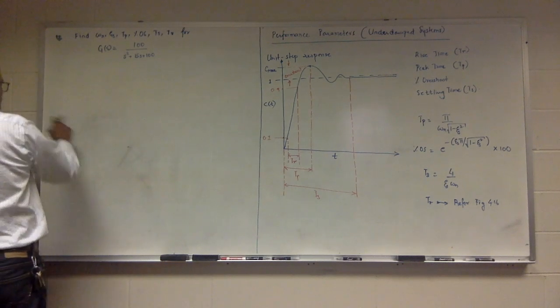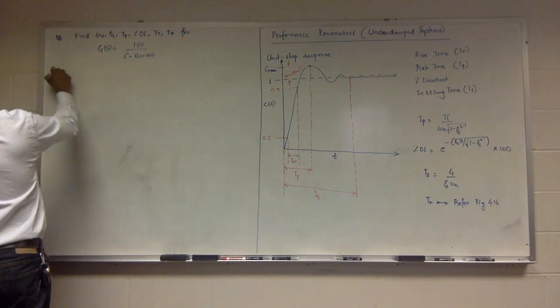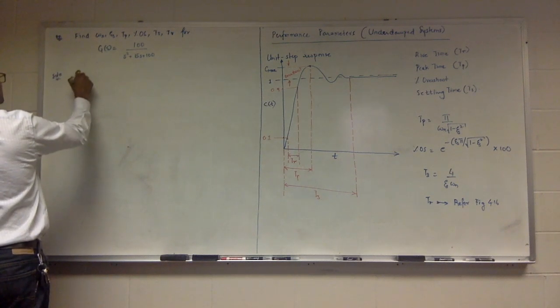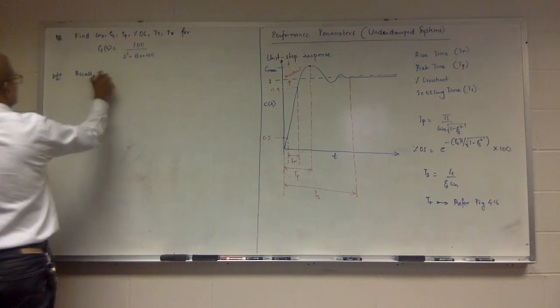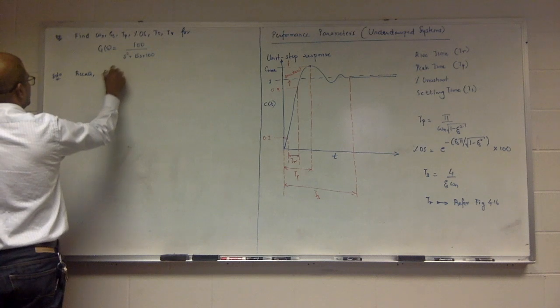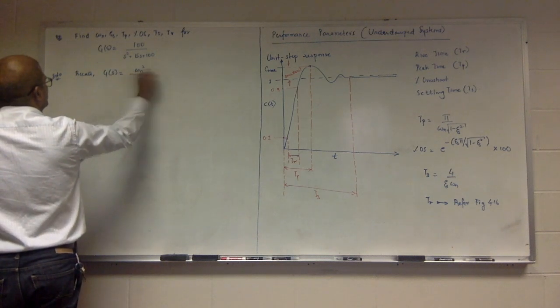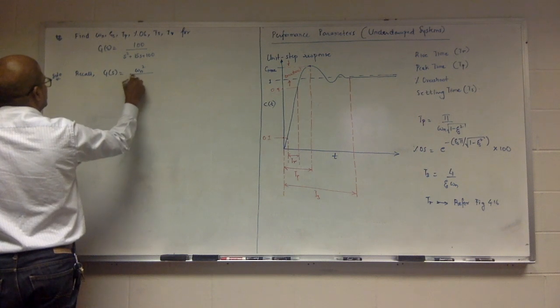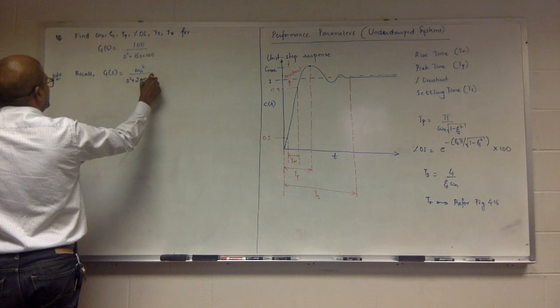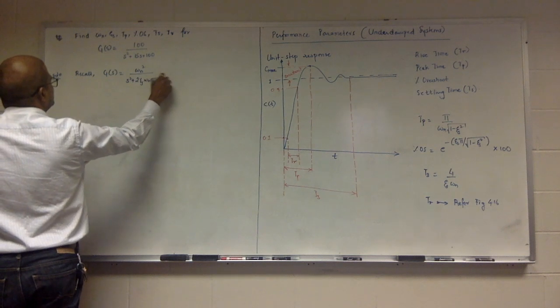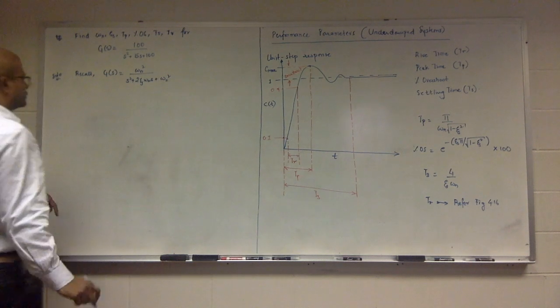So your solution to this would be, this is the simplest of problems. Recall G of S is also equal to omega n square divided by S square plus 2 zeta omega n S plus omega n square, right?